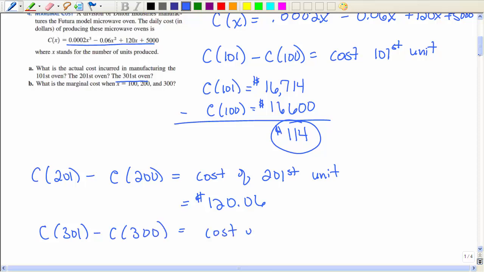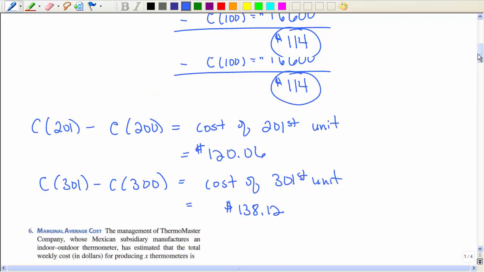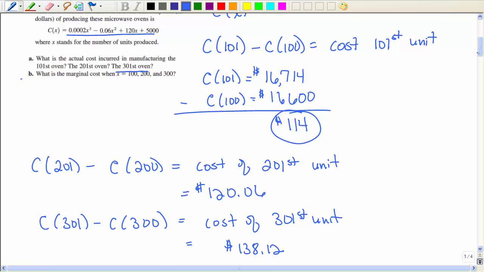And so this would be, again, the cost of the 301st unit. And again, we would evaluate the function at 301 and then evaluate the function at 300. And that cost would be about $138.12.